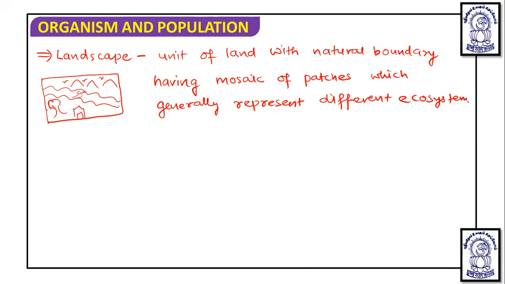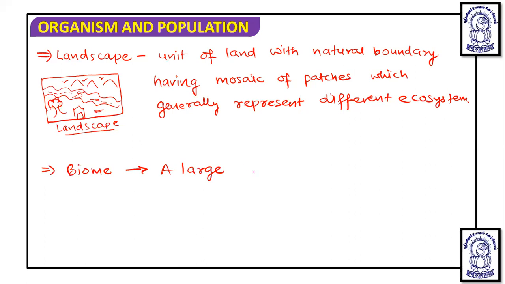So this diagram has a terrestrial ecosystem here, and this is the aquatic ecosystem. This terrestrial and aquatic ecosystem combinedly are known as a landscape.